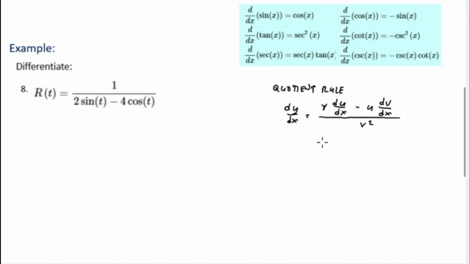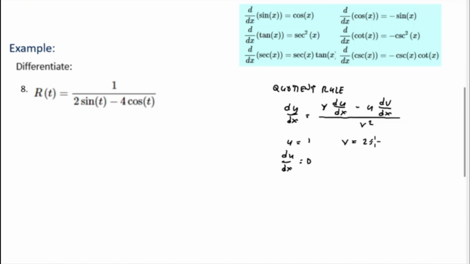So based on the given, we have u, which is equal to 1, and the derivative du over dx is equal to 0. What about v?